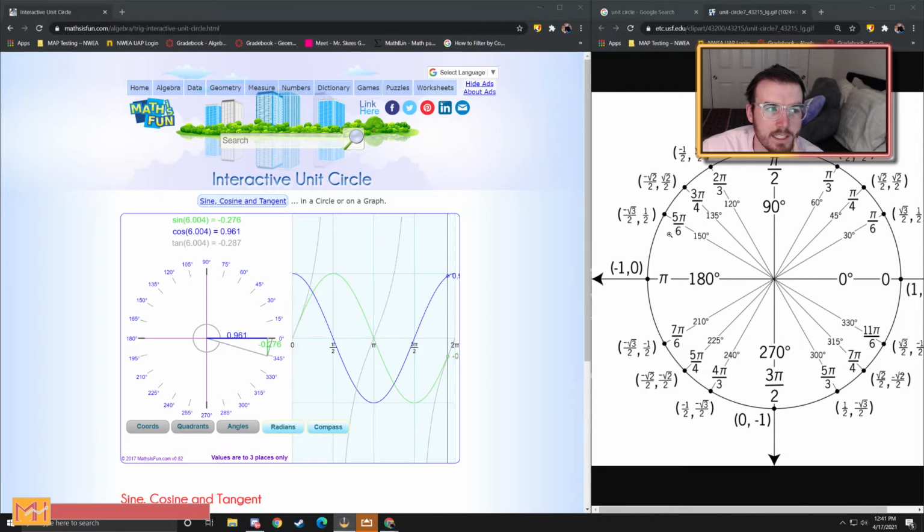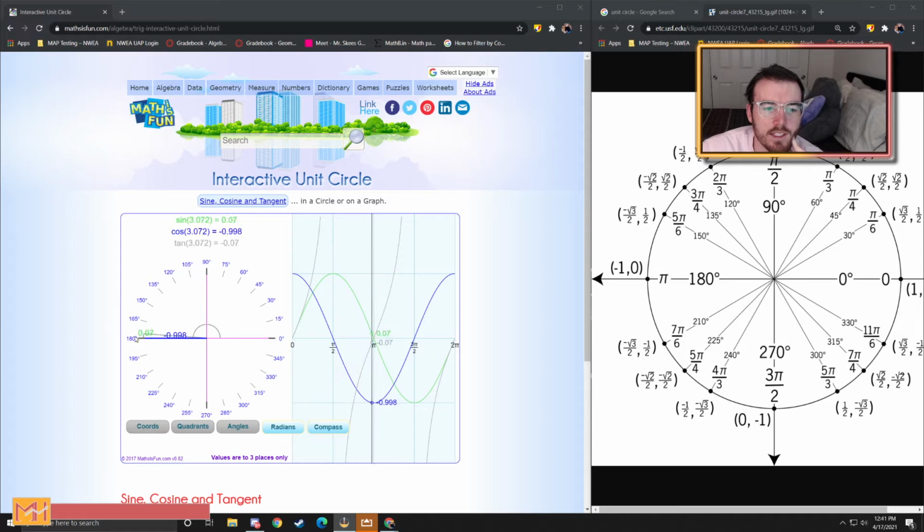I have this pulled up at the same time for a reason, to remind you that the sine value increases to 1 at pi over 2. I know my webcam's slightly covering it, but right there, and then it descends back down, root 2 over 2, a half, 0, okay? And then it gets into the negative.